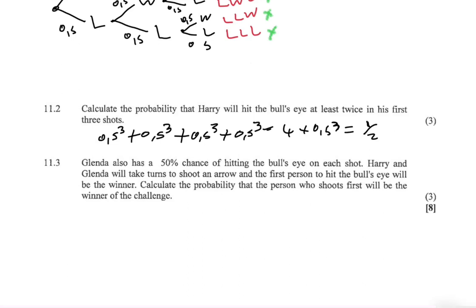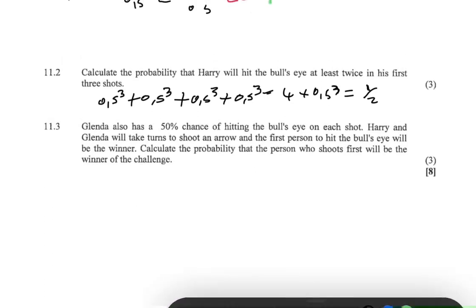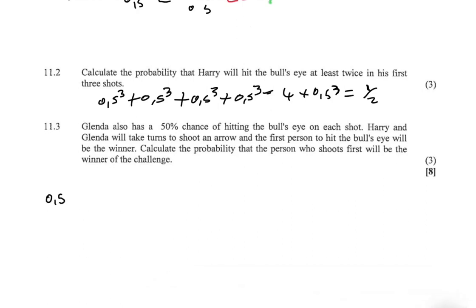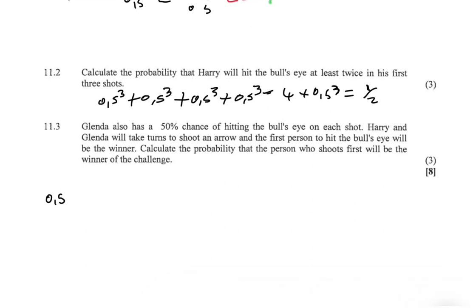Let's say Harry Maguire is going to take the first shot, right? When Harry Maguire takes the first shot, the probability of him hitting the bullseye is 0.5, because they all have a 50% chance of hitting the bullseye. And then Glenda comes through and takes a shot, and she also has a 0.5 chance of hitting the bullseye.